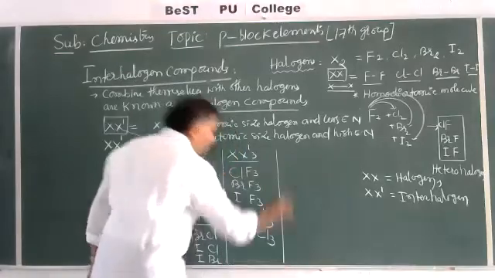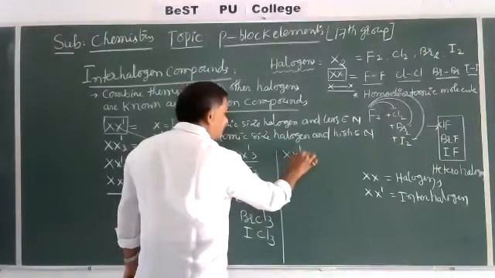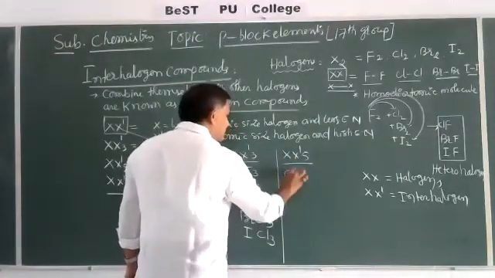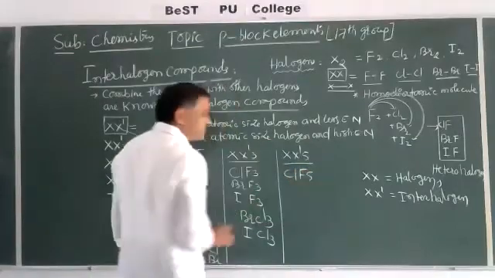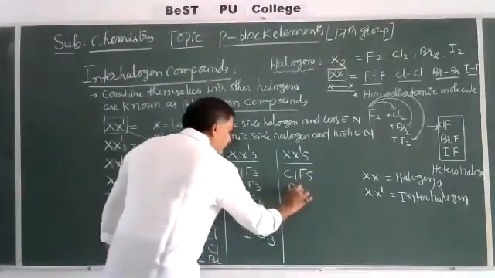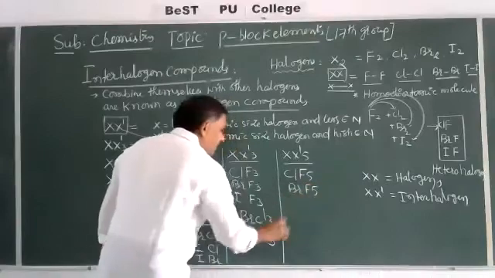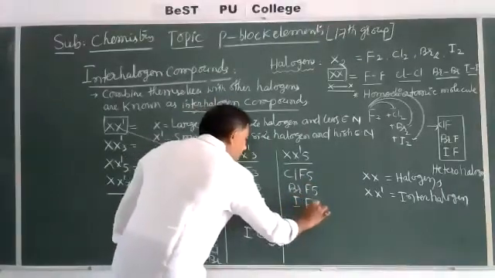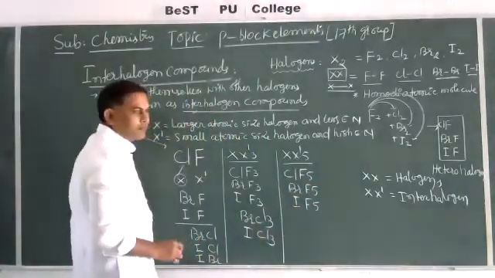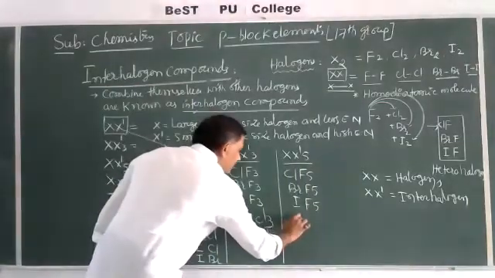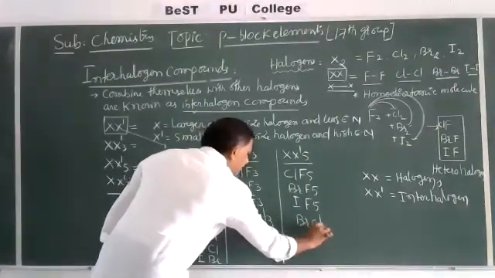Then for next one is XX'5, that is ClF5, BrF5, IF5. Now also we can take like BrCl3.